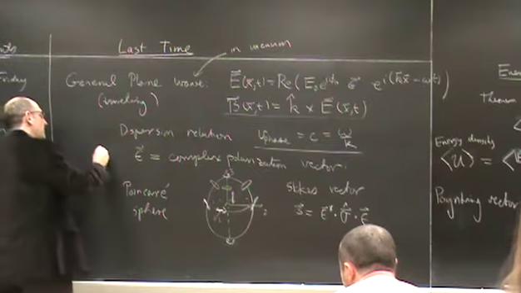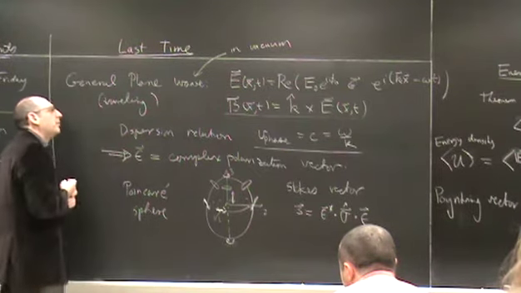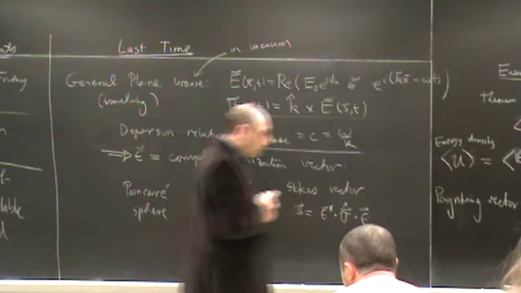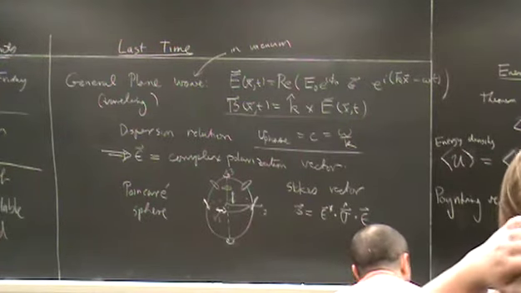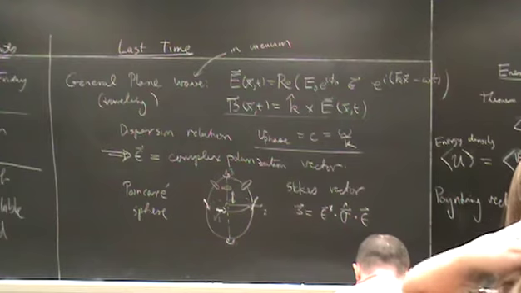And one of the things we talked about last time was that the polarization vector of a plane wave, in general, we represent by a complex vector.